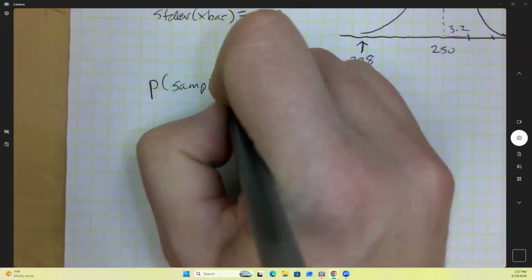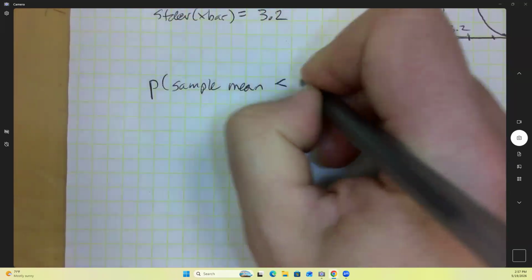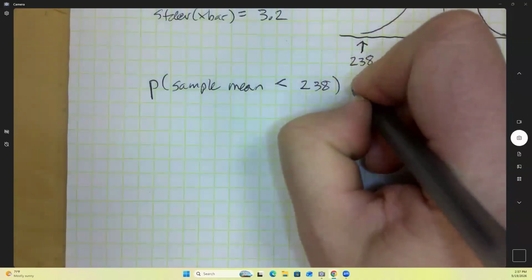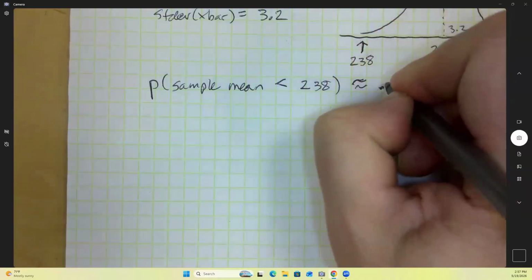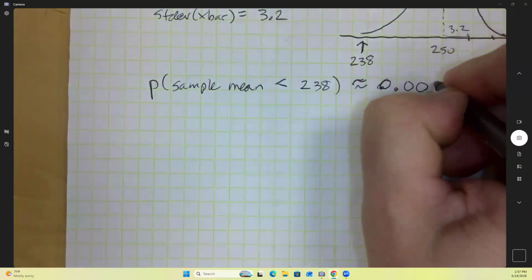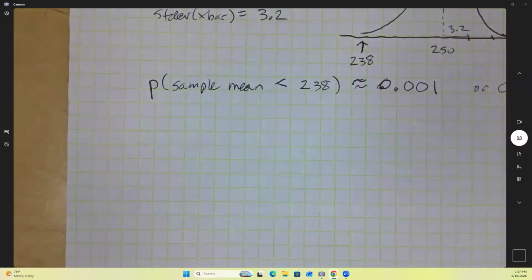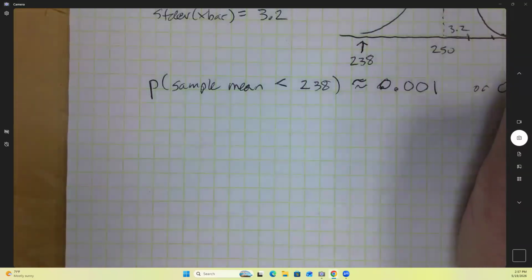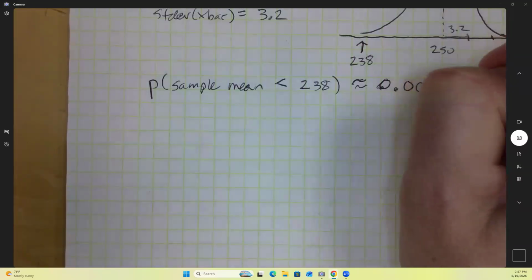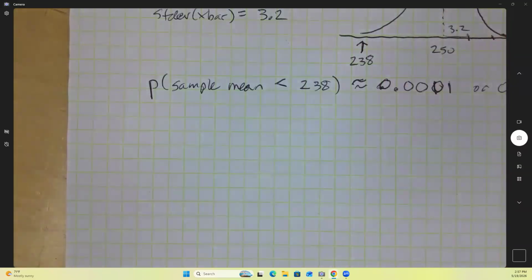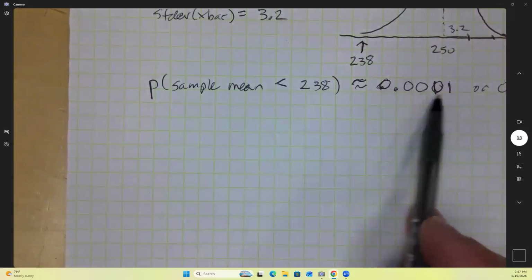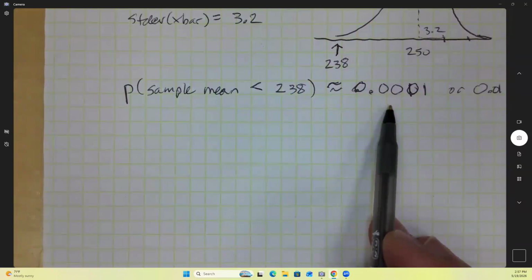The probability of a sample mean less than 238 is about 0.001 or 0.1%. Oh, 0.01%. There's even an extra zero in there. So 4 zeros. Who cares exactly how big it is? It's tiny, and I encourage you to think that way as well. If you get a number this small, we don't need to know that exact probability. We just need to know that it's smaller than our cutoff.